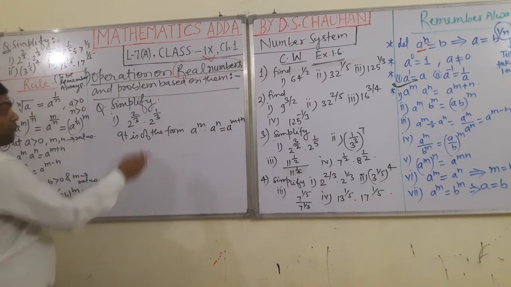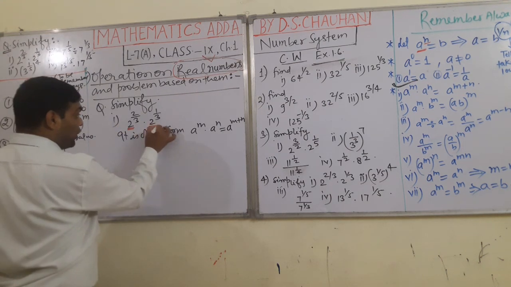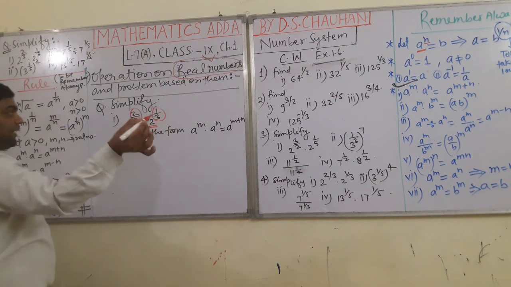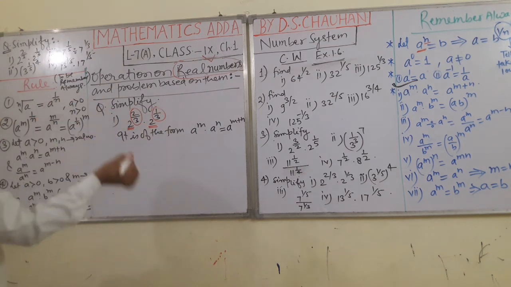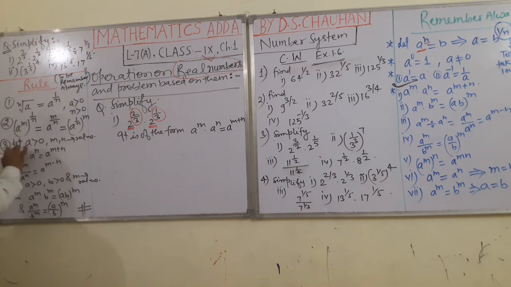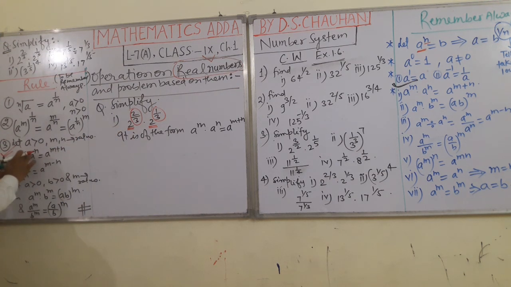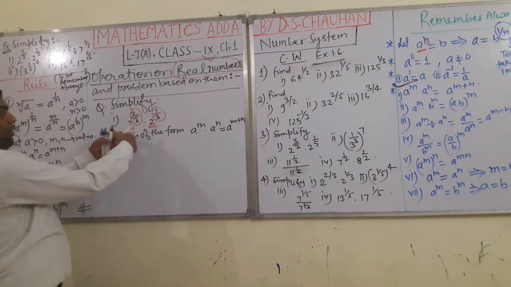Here the base is a positive number and the powers are rational. Related to it, I have written one formula here. Let a be any positive number and m, n be rational numbers, then a to the power m into a to the power n is a to the power m plus n, where a is a positive number and m, n are rational.